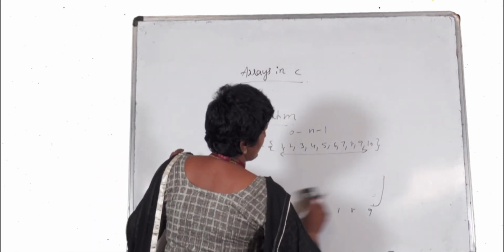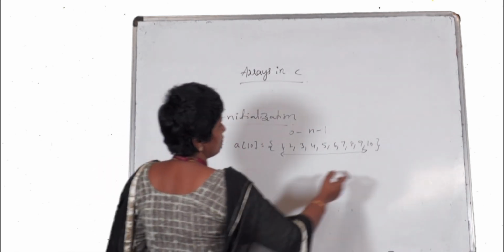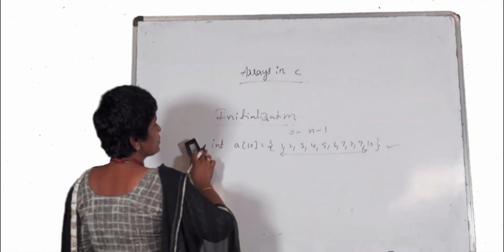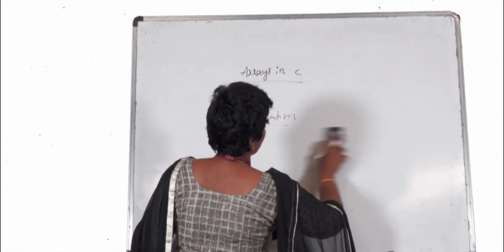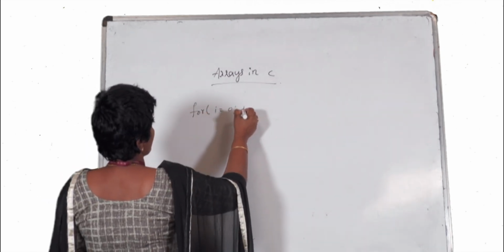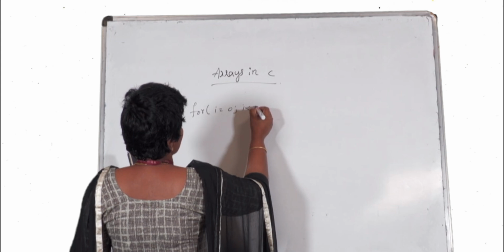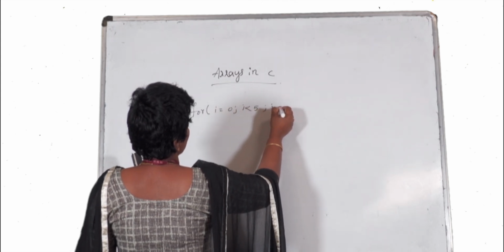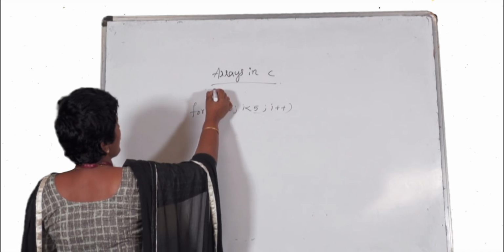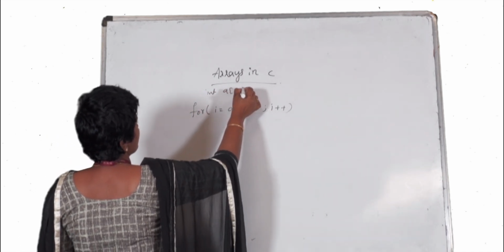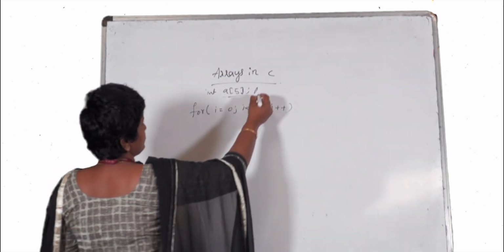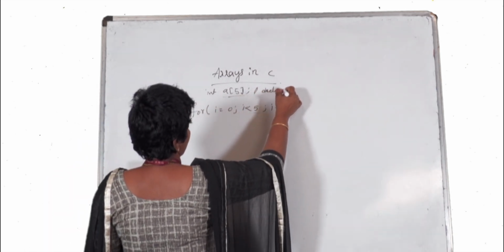Here we are directly giving the array values. So how do we read the input values in arrays? You already know the for loop. Suppose int a[5]; this is the array declaration, and 5 is the array size.